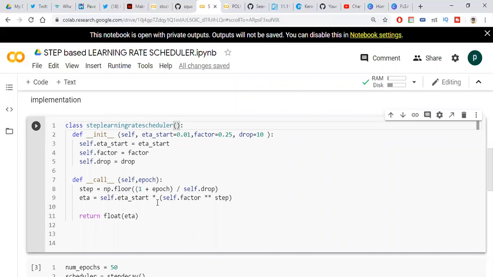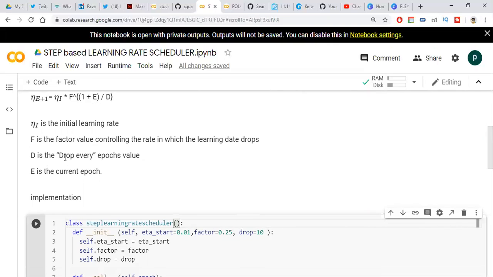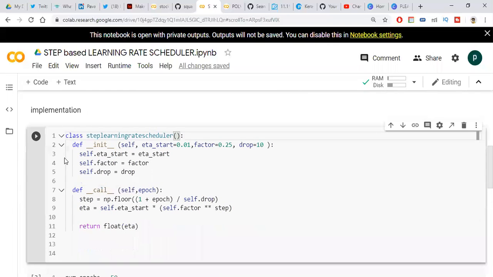Then I am multiplying the starting, or initial, learning rate value with the factor raised to this step. See, this is the formula, friends. I write this function and assign it to the step variable, and I multiply the factor raised to that step variable by the initial learning rate, 0.01, and I am returning the eta.